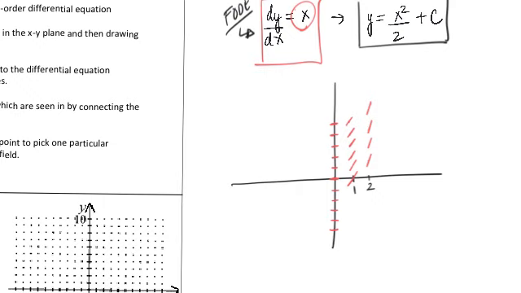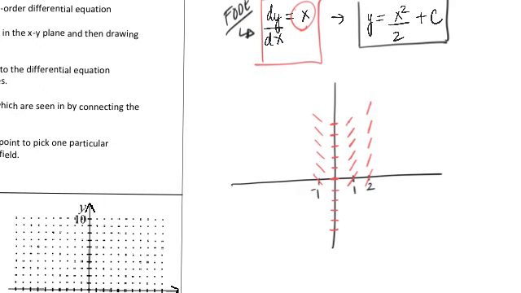These are not the solution curves. These are just the slopes of the solution, the dy/dx. And just to draw a couple more, if I were here at x equals -1, then my slopes would have to be -1. So any solution passing through x equals -1 would have to have that slope.